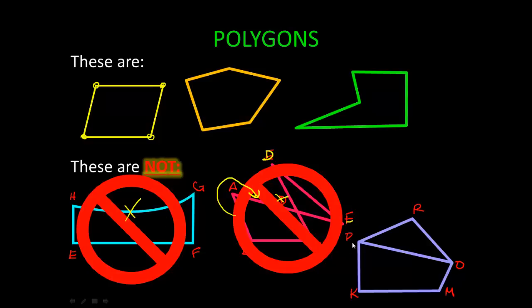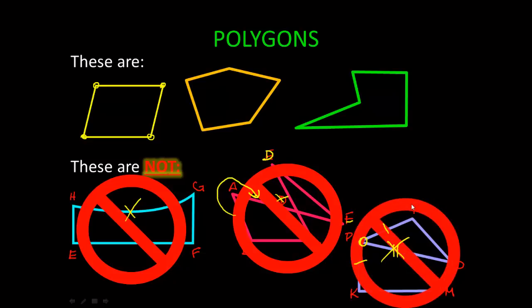So this here can only belong to two sides. Can't belong to this third one here. Now I'm not showing that for congruence because those aren't necessarily congruent. I'm just illustrating that you could say that PKMOR, POR could be PKMOR, all polygons, but you can't include all three into one. So as it stands, not a polygon.